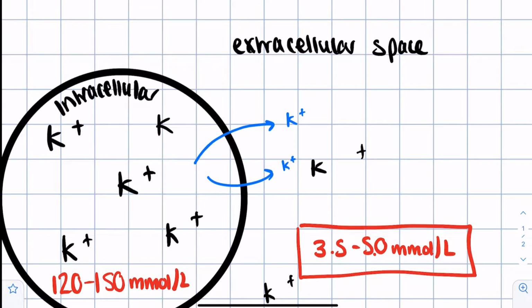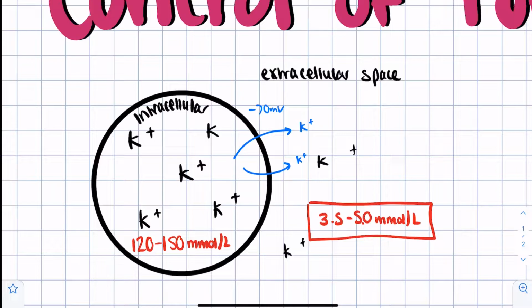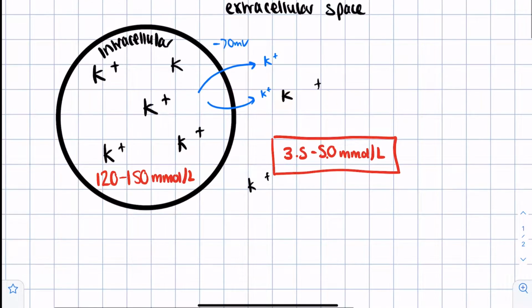So I think the classical membrane potential is around -70 millivolts, but it obviously depends on what tissues you're talking about, whether it be muscle, whether it be nerves. Sort of outside the remit of this video, but it does provide a bit of context into the shifts of potassium and where we would expect most of our potassium to be, and that also links to the clinical picture as well.